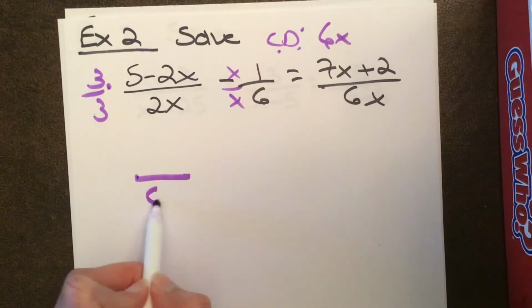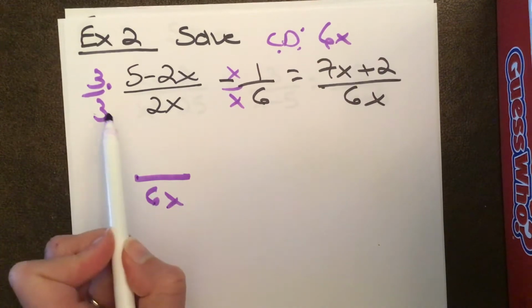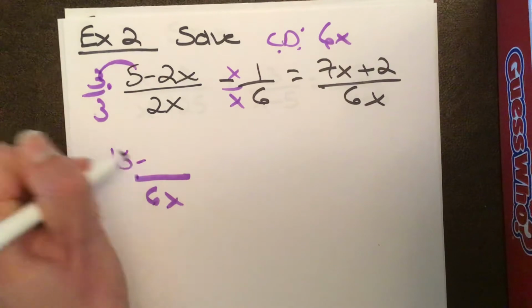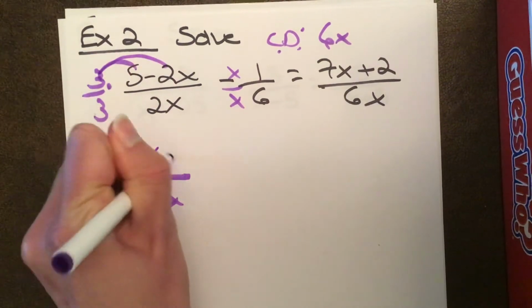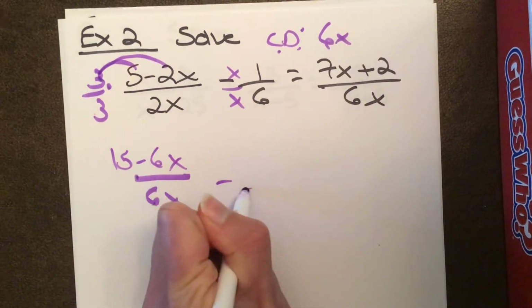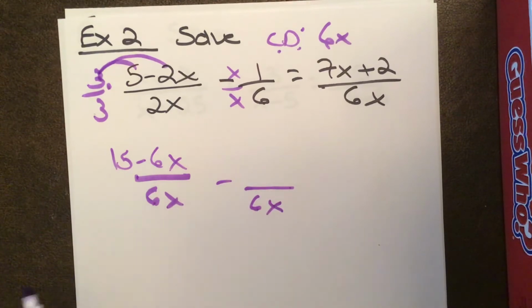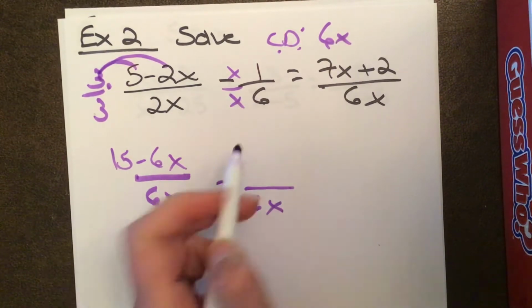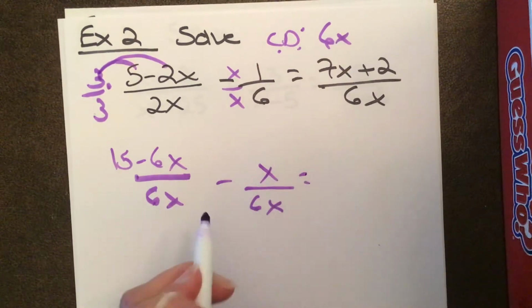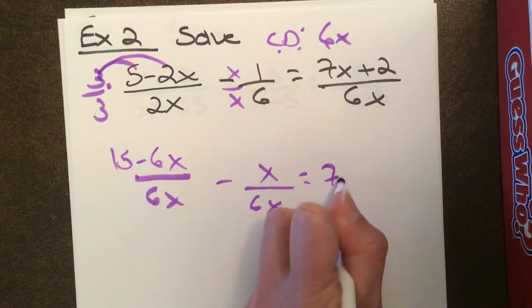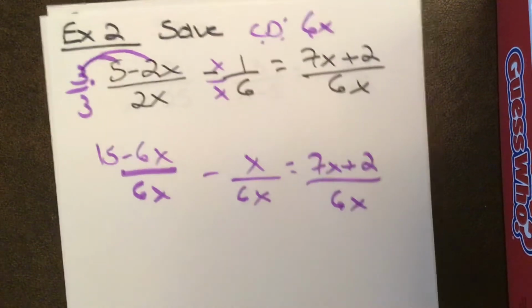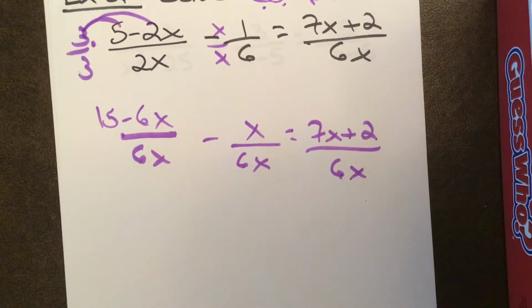This becomes 6x, and don't forget to distribute in your numerator, so this is going to become 15 minus 6x, over a denominator of 6x. And here, this is x times 1, so this is just x. And this one I'm just going to bring down because it stays the same. So all of my denominators are 6x.